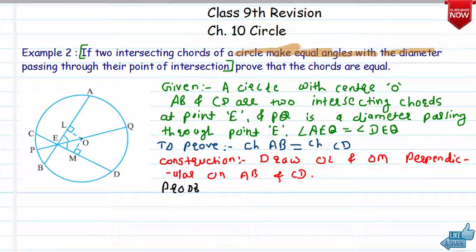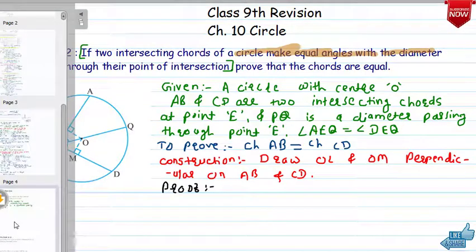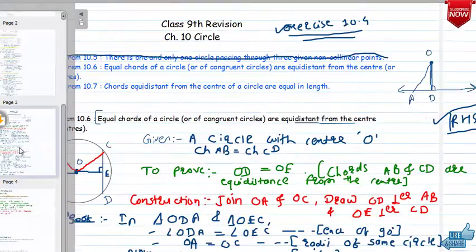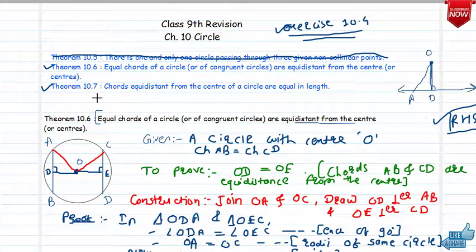First of all, what we have to show: these are the perpendiculars, correct? If we show that these perpendiculars are equal, then our problem is solved. Because if the distances of chords from the center are equal, then the chords are also equal. We saw this in the previous theorem: chords equidistant from the center of a circle are equal in length.